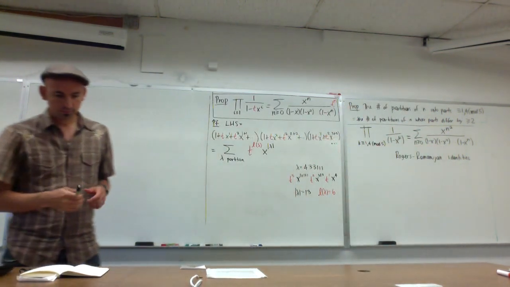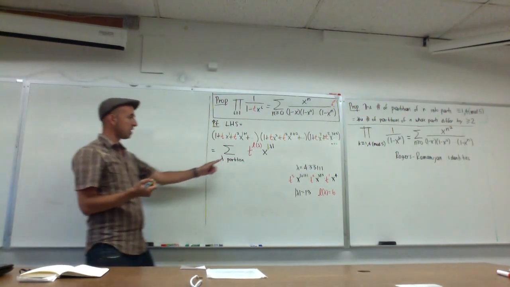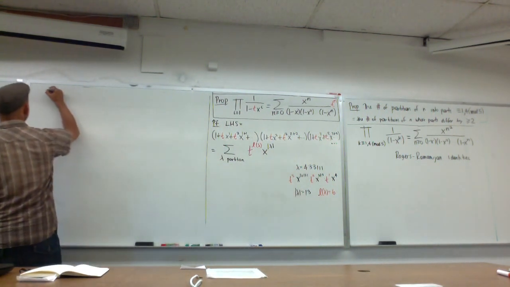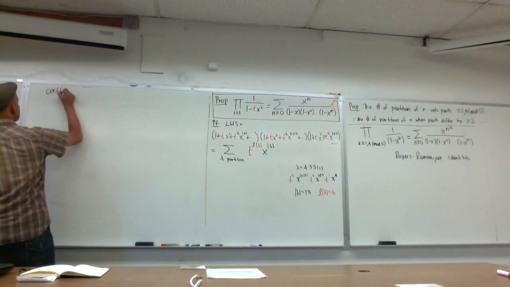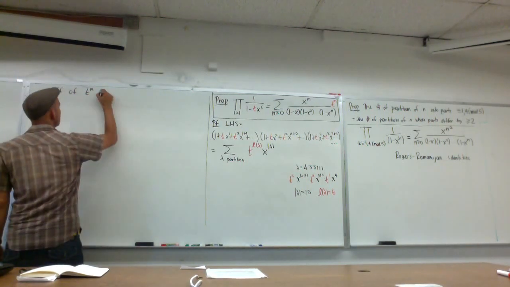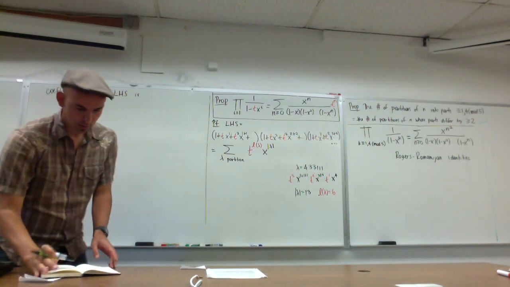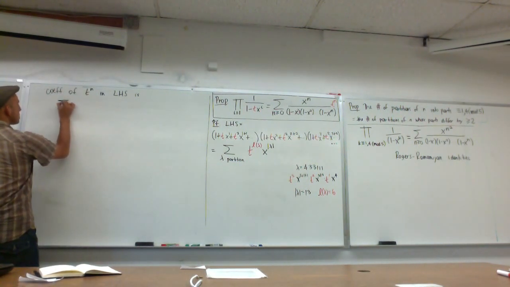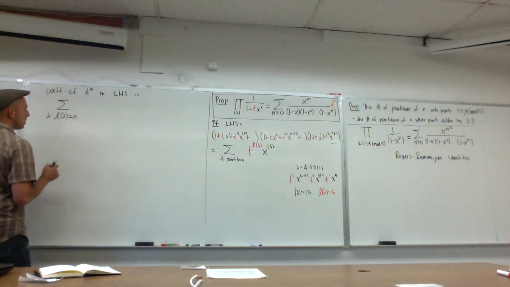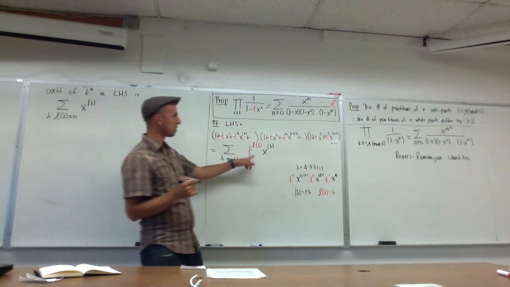Well, I know what the coefficient of t to the n is. It's looking at partitions of length n. So the coefficient of t to the n in the left-hand side is this, the sum over the lambdas having length equal to n of x to the lambda. Okay, that's how I can get a t to the n here.